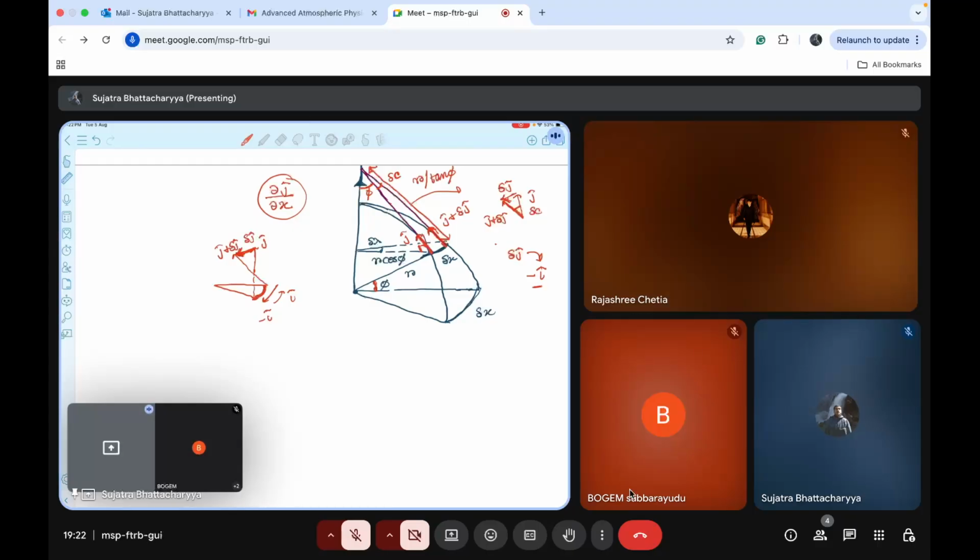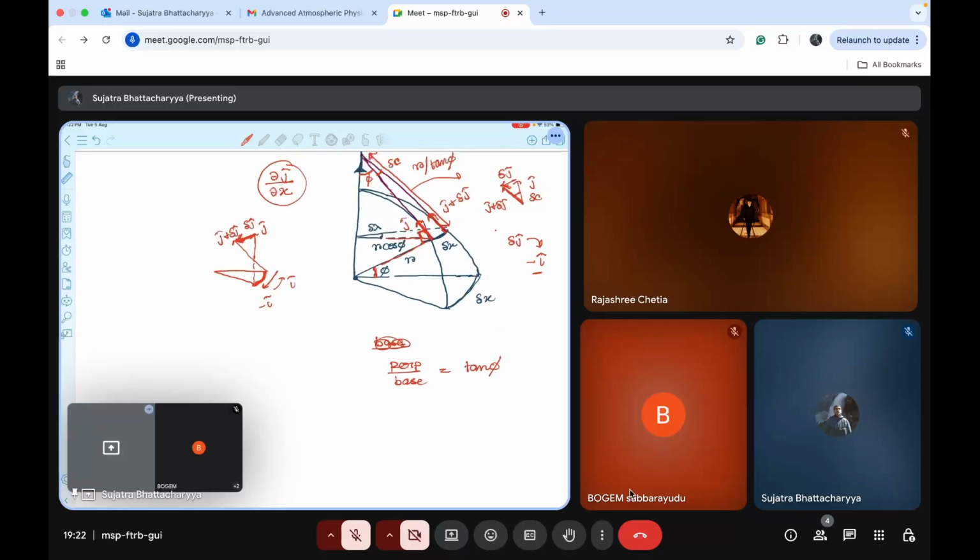This is your angle. This is your perpendicular. This is your r cos phi. Sorry, I written it the wrong way. This is the perpendicular. Okay. So this is your perpendicular. This is your base. So we know that perpendicular divided by base is your tan phi.